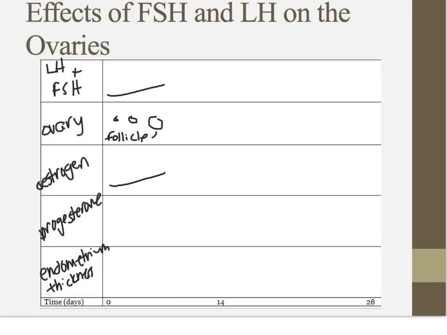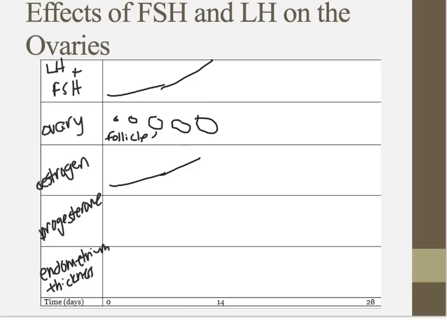Estrogen, which is coming from this follicle, is going to cause even more FSH and LH to be produced. So at about day 14, FSH and LH are both going to spike. This, again, is going to correspond with the further development of the follicle and even more estrogen.